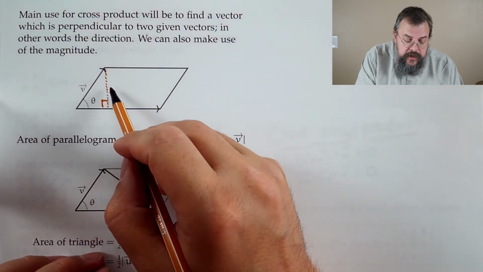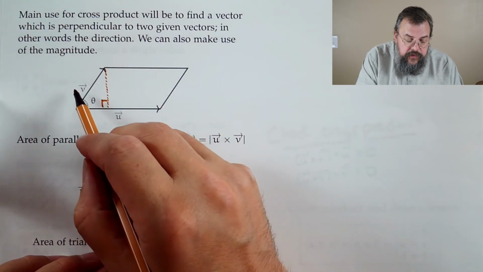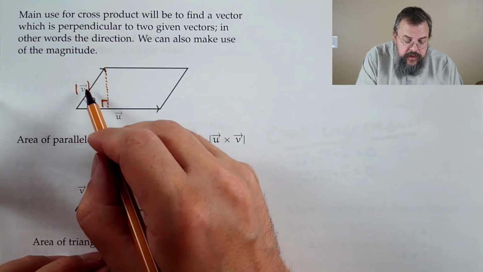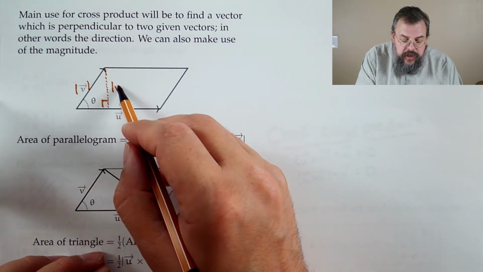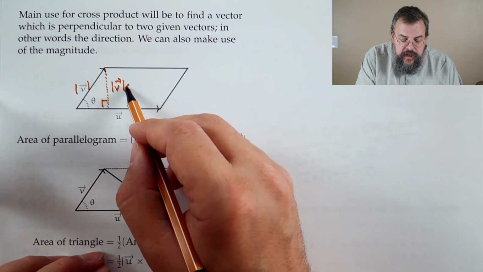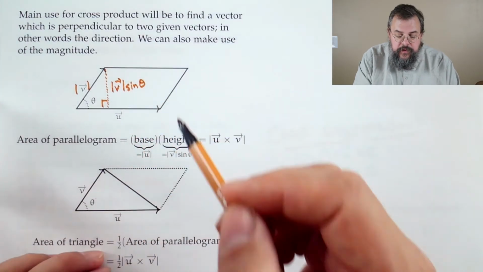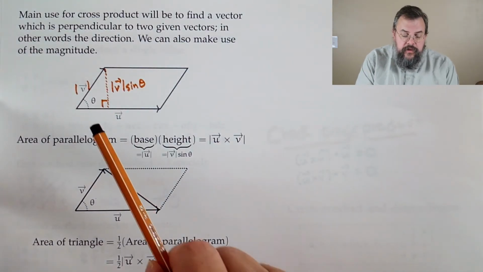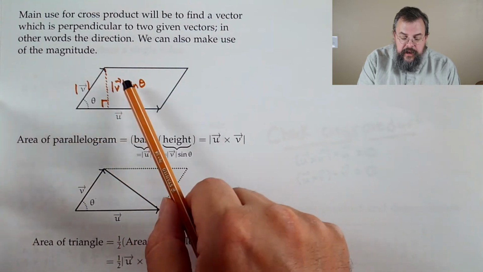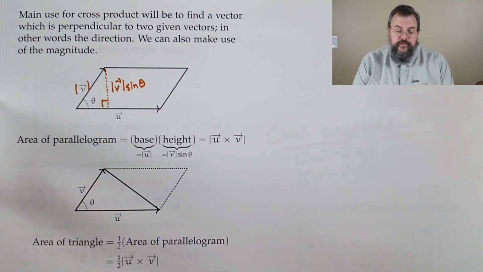Sine theta is going to look over here. So if this side has length the magnitude of v, then this side over here is the magnitude of v times sine theta. This is one of our nice properties about right triangles. So I can relate the sine to the opposite and the hypotenuse.